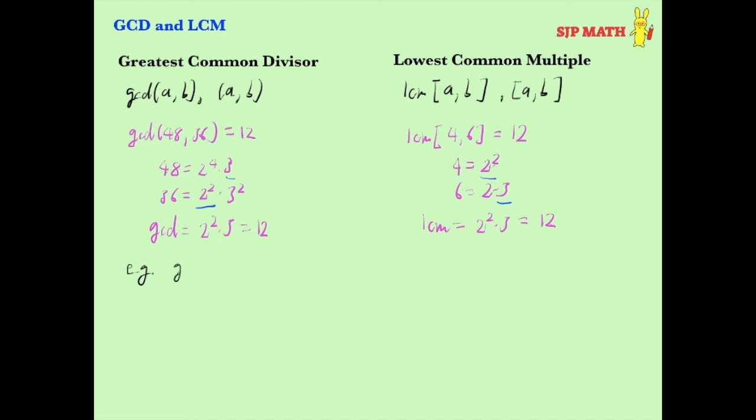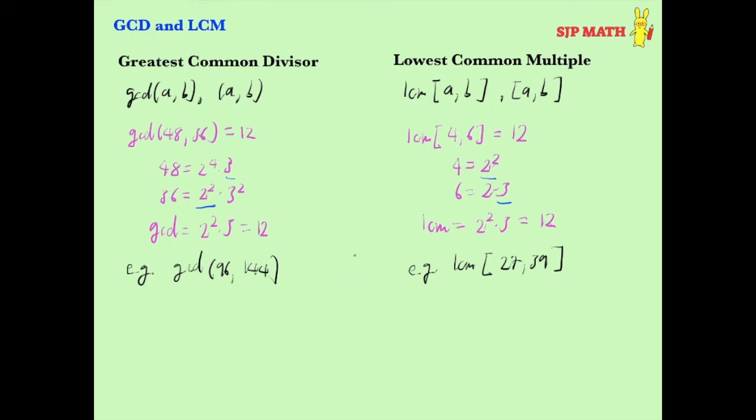Try finding the GCD of 96 and 144, and try finding the LCM of 27 and 39. I recommend you pause the video and have a go at these examples before we end the video.